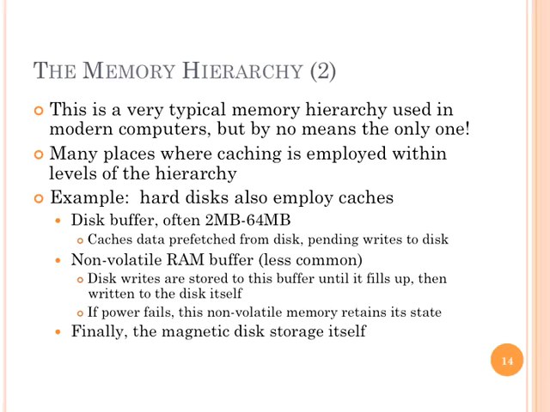Okay? Because the disk will cache up reads and writes from the processor, which were cached in DRAM, and then it will go ahead and perform those reads and writes in the background, unless, of course, you want to force that data to the platter so that you can be sure it'll be around. You also have non-volatile RAM buffers, which are a little bit less common.